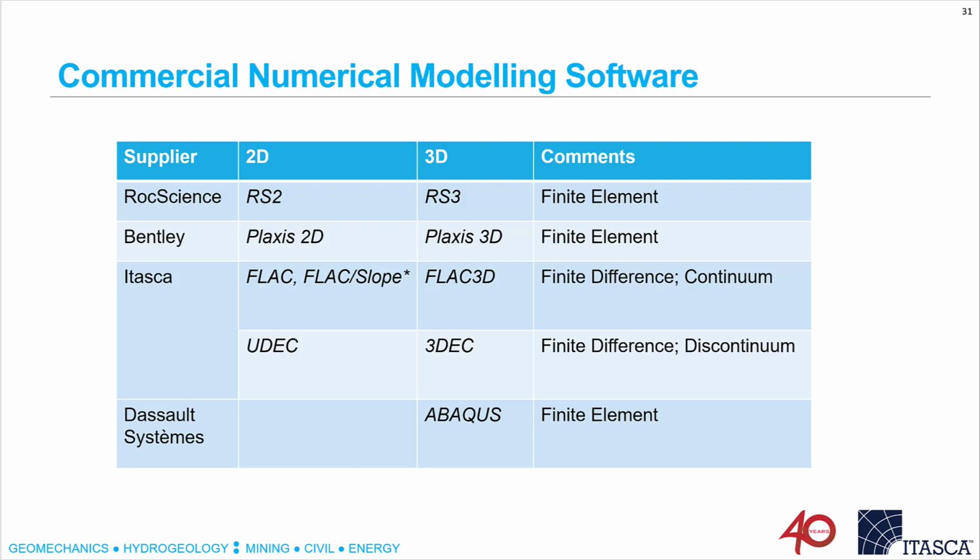Just a little commercial message that FLAC Slope is a two-dimensional method based on FLAC, but it is menu driven and very simple to use, and it's free. You can download this from the Itasca website and use it.